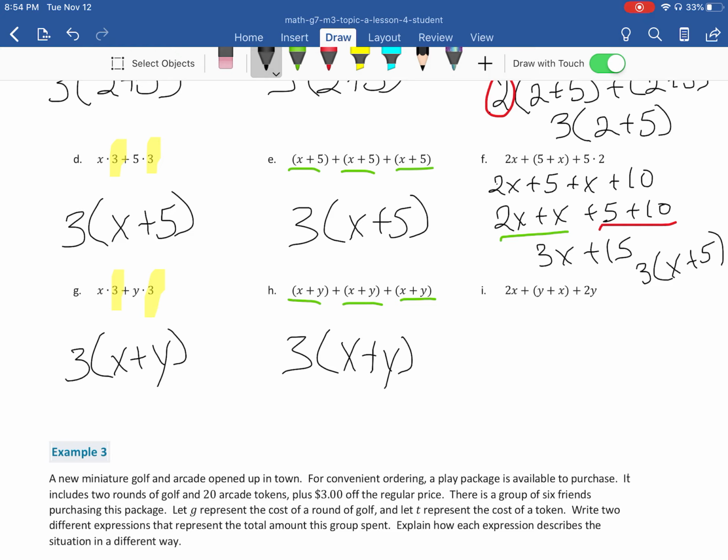This next one, they are all plus signs, so I'm going to combine my like terms. I'm going to combine my 2x with my x, and my y with my 2y, and I'm left with 3x plus 3y. I can factor out that 3 from both of them, and I get 3 times x plus y.